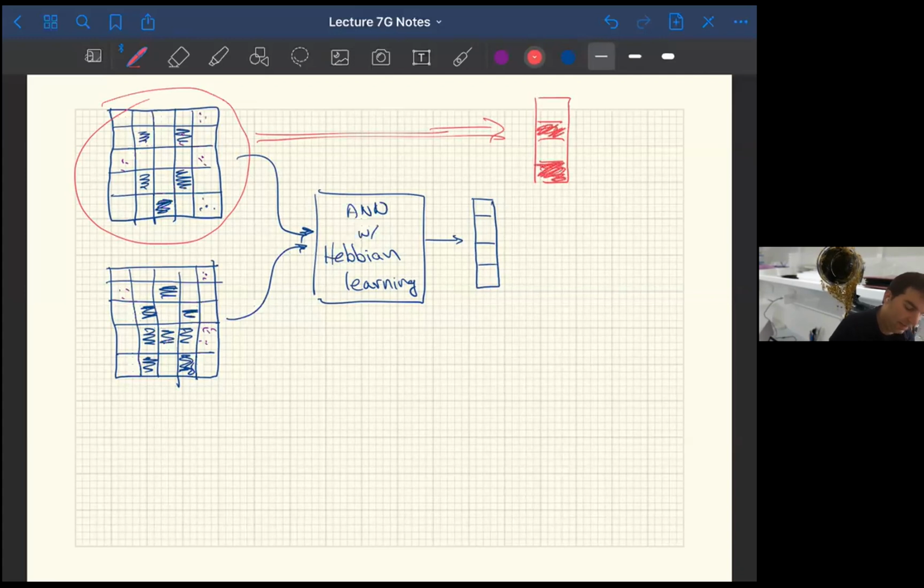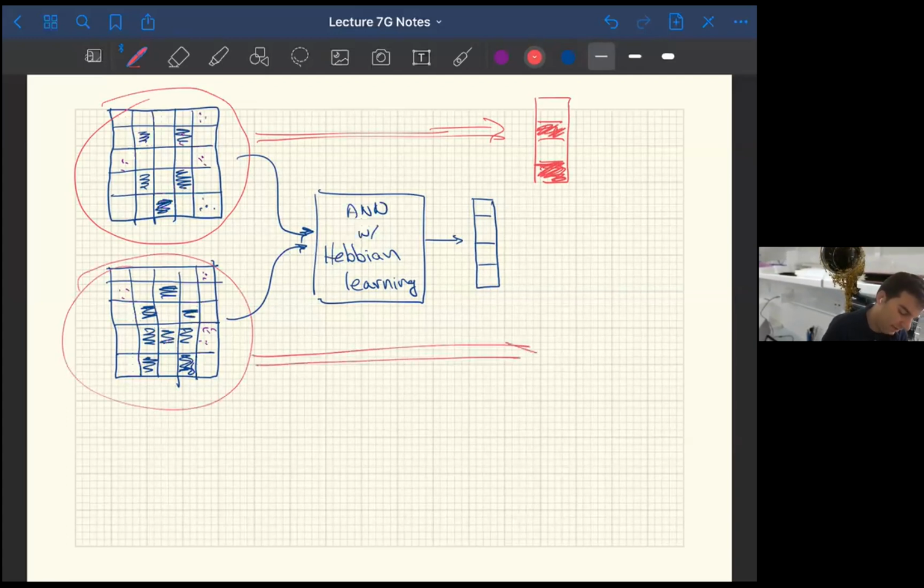We don't know what the pattern would be, but it might be that one. But when you give it this bottom one, even though they share some pixels that are turned on, whenever I give it something that looks roughly like that bottom one, it gives me a different pattern on the output.